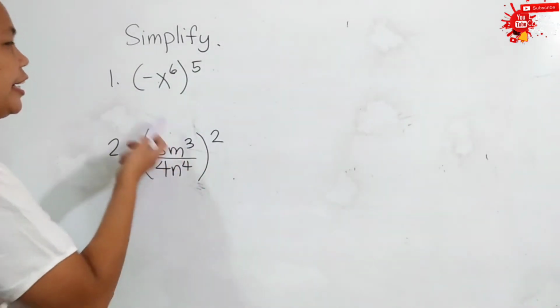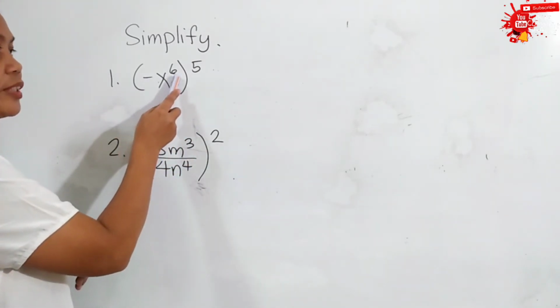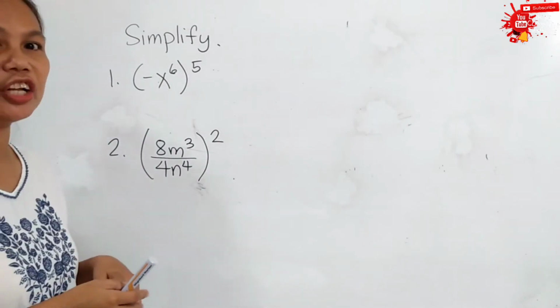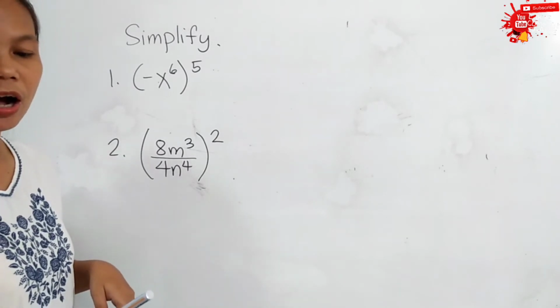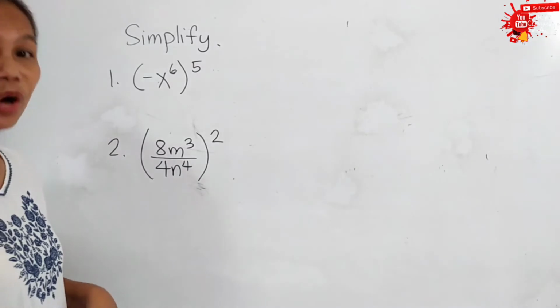Simplify. Number 1, we have here the quantity of negative x raised to 6, raised to 5. This is the combination of the power of a power rule and the power of a product.